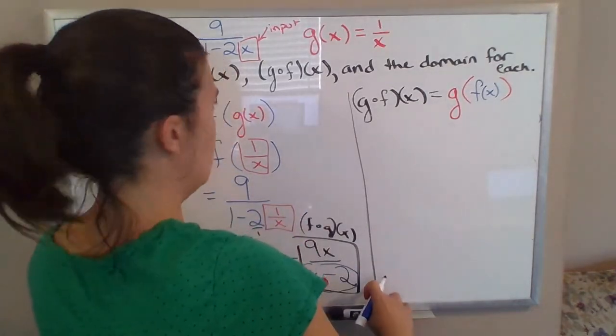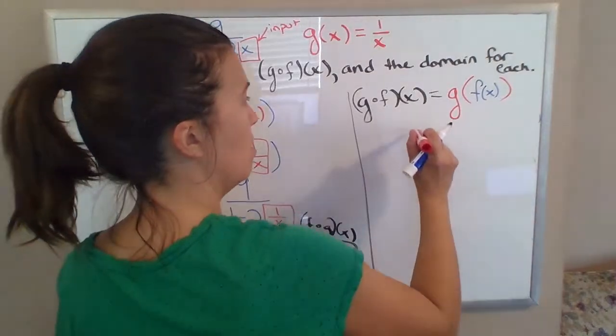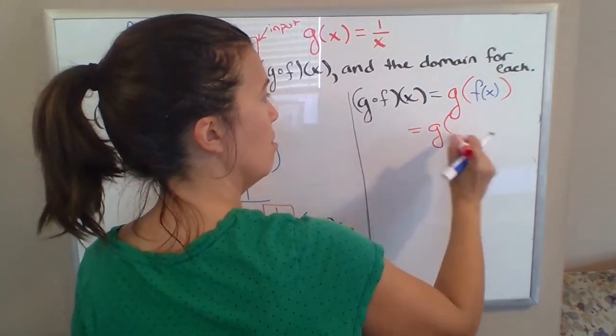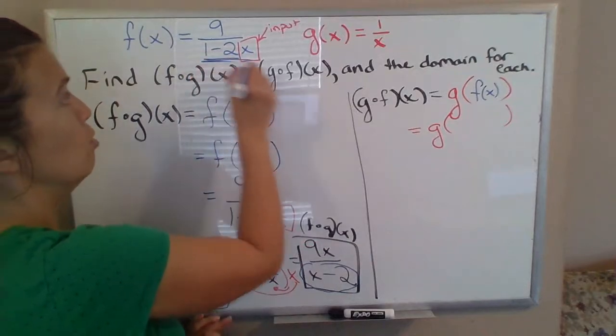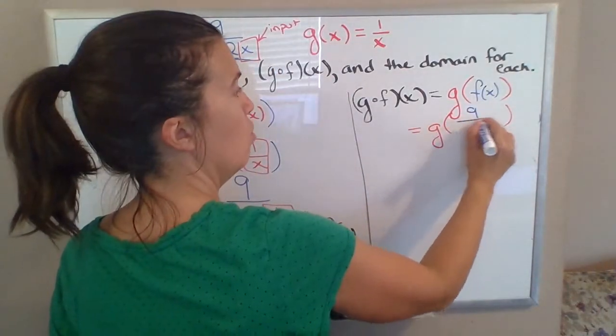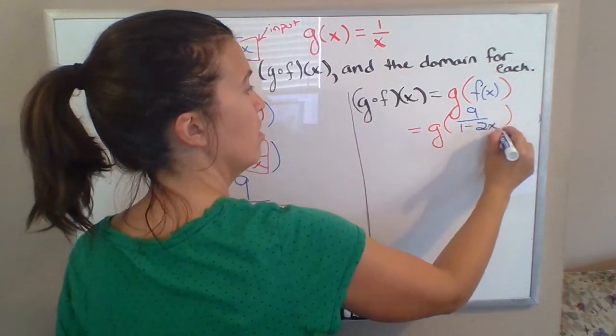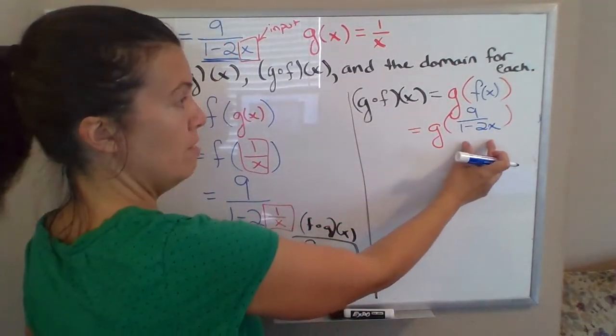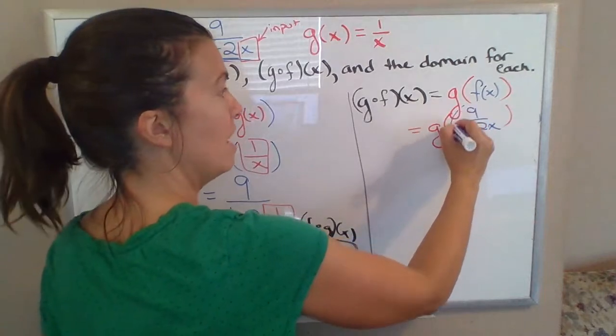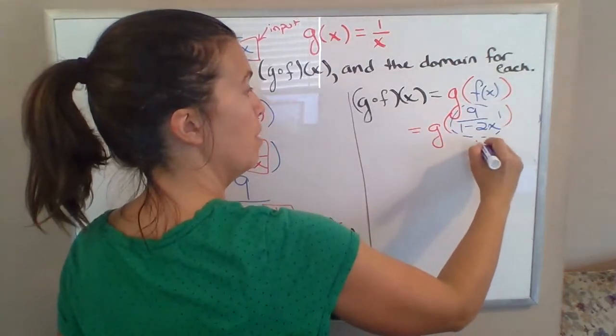So this is, let's see, g of, I'll just replace the f of x with what f of x is equal to, 9 over 1 minus 2x. And so now, in order to evaluate g of 9 over 1 minus 2x, this now becomes our input.